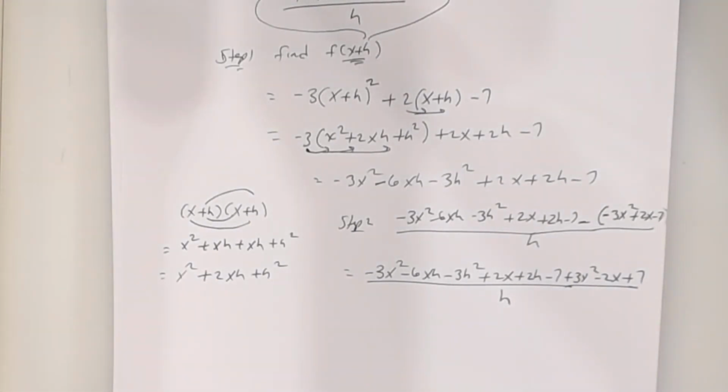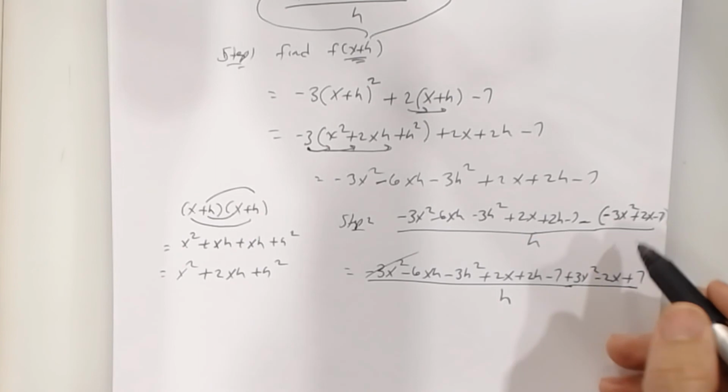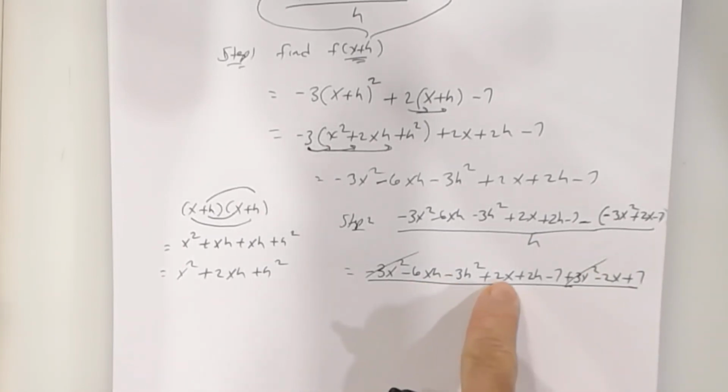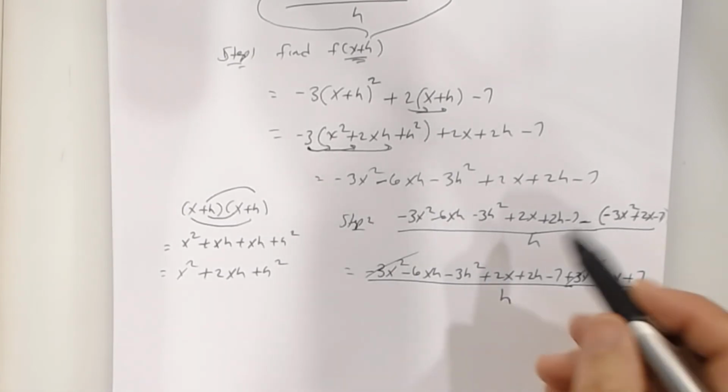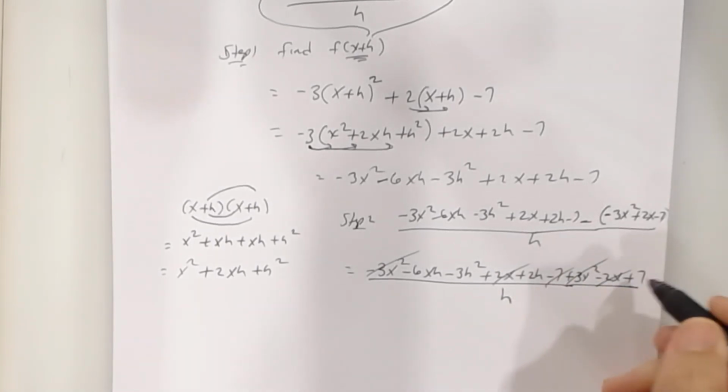If you're doing this correctly, at that point, every term that doesn't have an h needs to cancel out. So -3x squared, there better be a positive 3x squared. There is. 2x, there better be a negative 2x. There is. -7, there better be a positive 7.